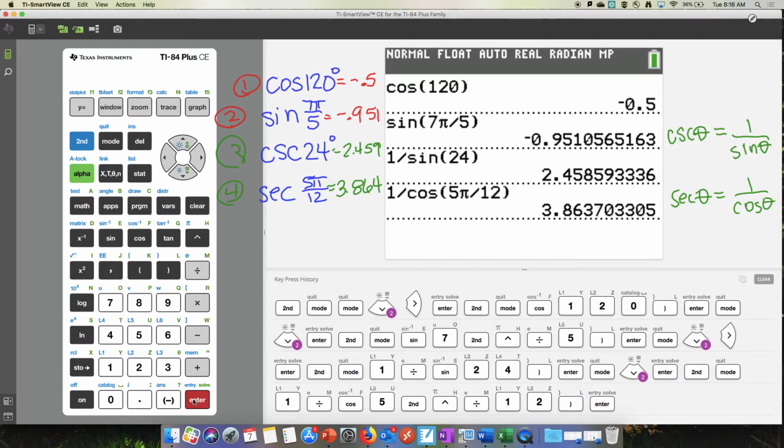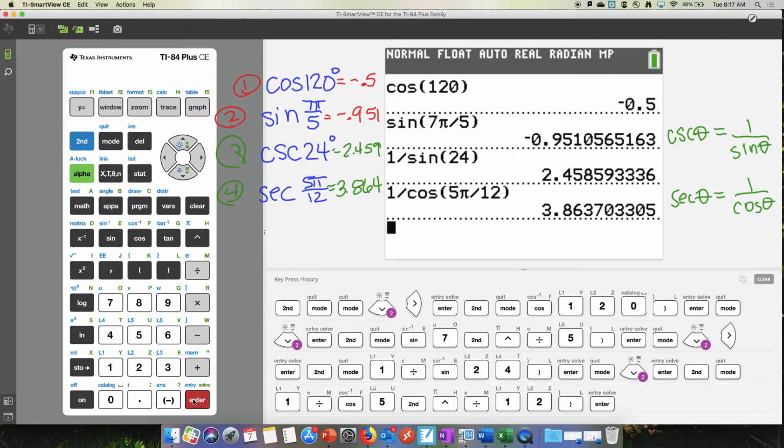How many decimal places? So I was doing 3 up there. Typically, it'll tell you. It's going to have you do 4 decimal places in your book.